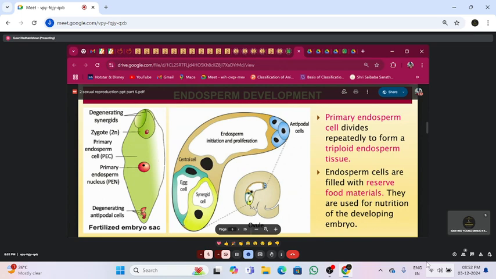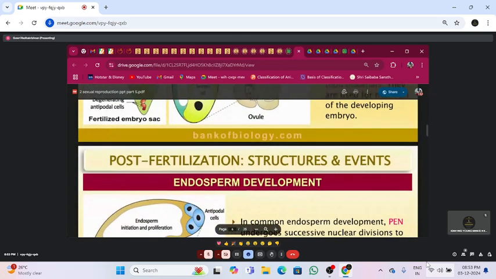The primary endosperm cell divides repeatedly to form a triploid endosperm tissue, and the endosperm cells are filled with reserve food material used for nourishing the developing embryo.